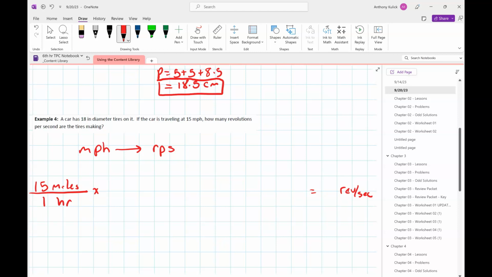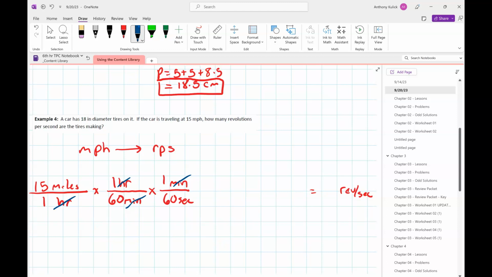Everybody's square on that. Now going from hours to seconds, that's pretty easy, right? We should know how to do that. I know that 1 hour is 60 minutes. And then 1 minute is 60 seconds. So when I multiply these fractions, the hours cancels with the hours, the minutes cancels with the minutes, and I'm left with just miles per second. Everybody's okay there?